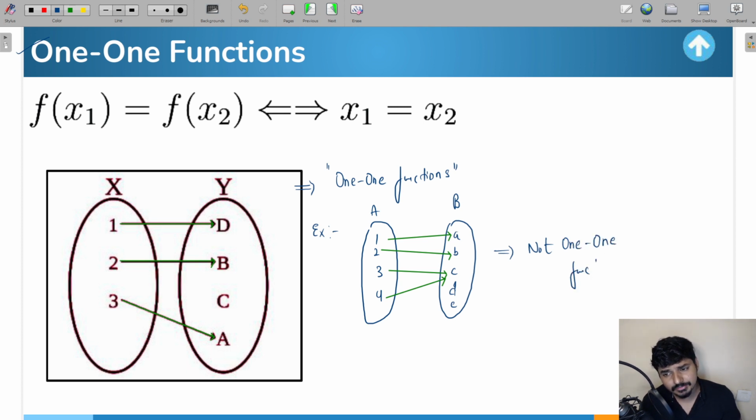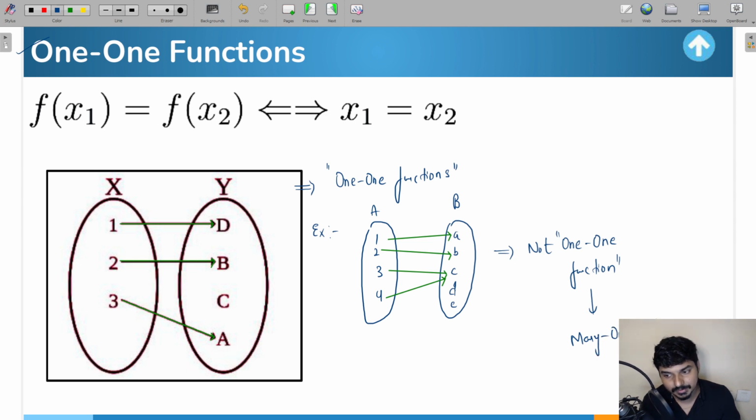Now the functions which are not one-one, what do we call them? Do we have a special name for that? Yes, we do, and that is the many-one function. The functions which are not one-one functions are simply many-one functions.